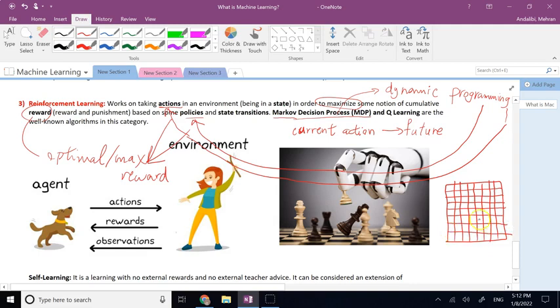So if I am here in this cell, and if I make a decision to move 1 unit forward, then I would definitely land in the blue house.